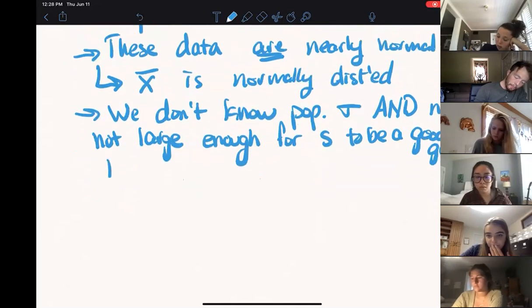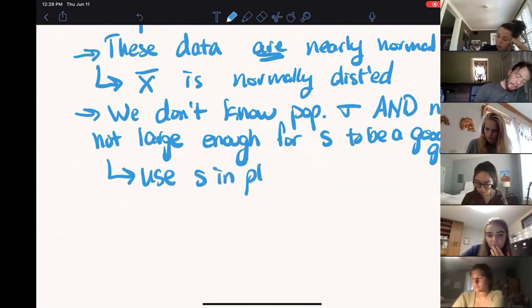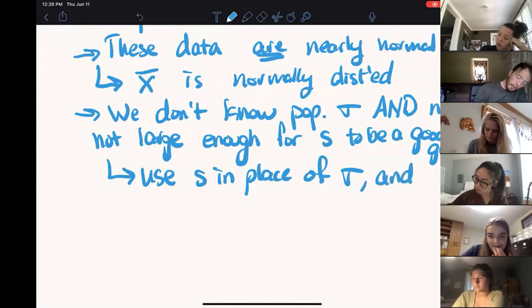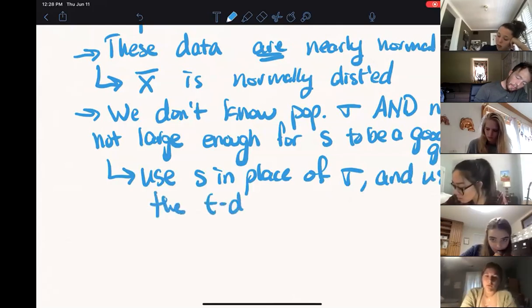So use S in place of sigma, use the sample standard deviation in place of the population standard deviation, and use the t distribution.